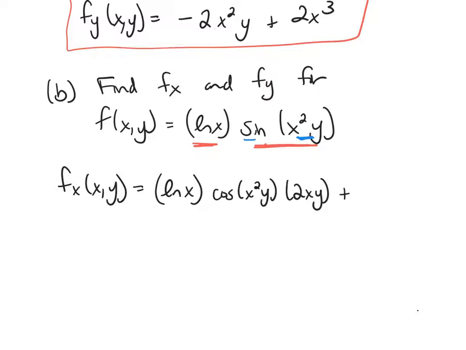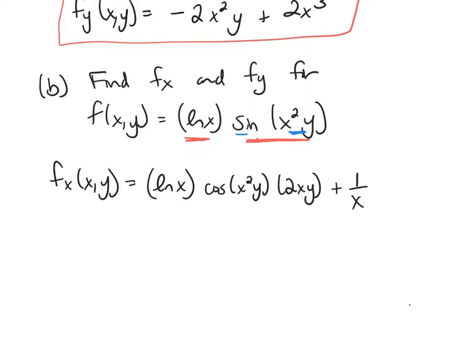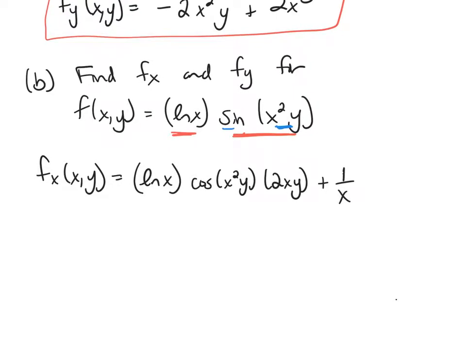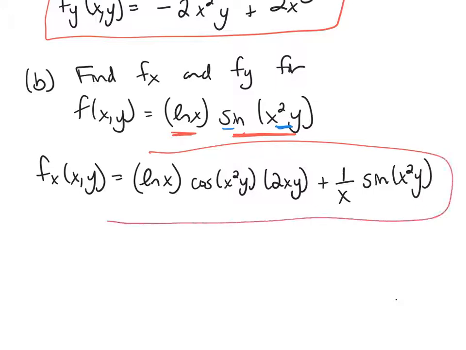Plus, and now you flip it. You're going to take the derivative of ln of x, which is 1 over x. And then you just copy the second one down, sine of x squared y. And there's my partial derivative with respect to x here.